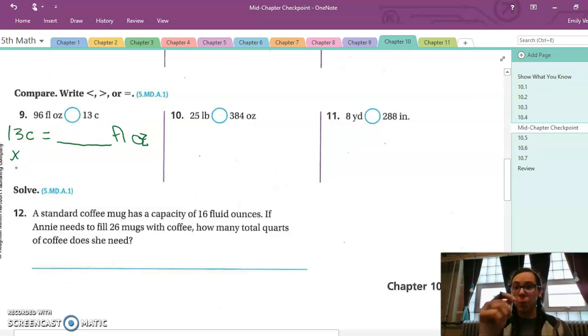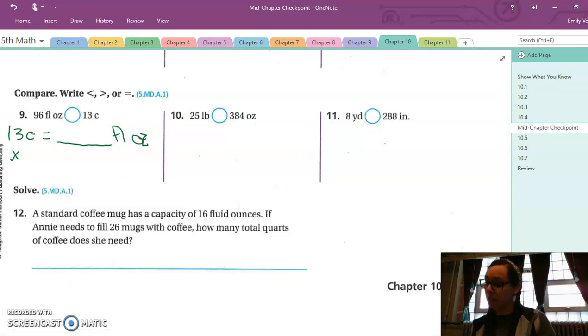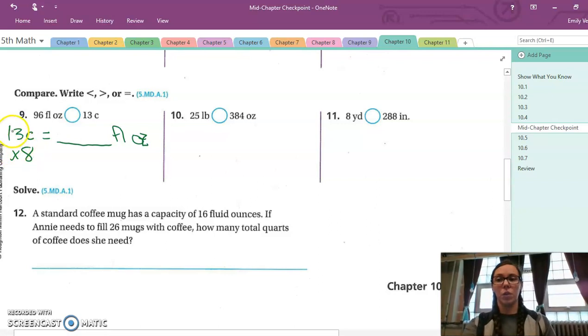Now we have to know what the base number is for our smaller unit. How many fluid ounces fit in 1 cup? So I'm going to go back to my notebook, find where we talked about cups and fluid ounces, and I see that there's 8 fluid ounces in 1 cup, so 13 times 8 is what we're going to be doing. 8 and 3 make 24, carry the 2, 8 and 1 make 8, plus 2 is 10, so there's 104 fluid ounces in 13 cups.